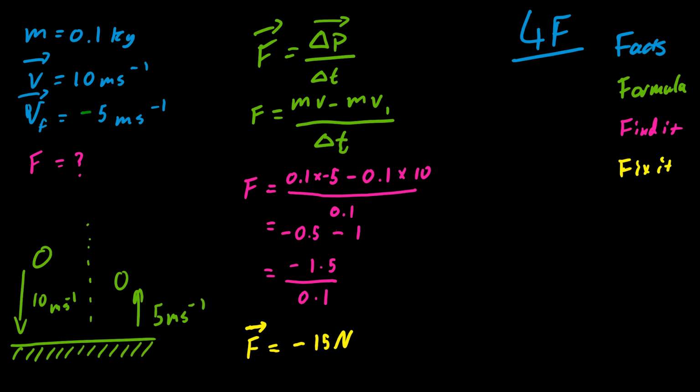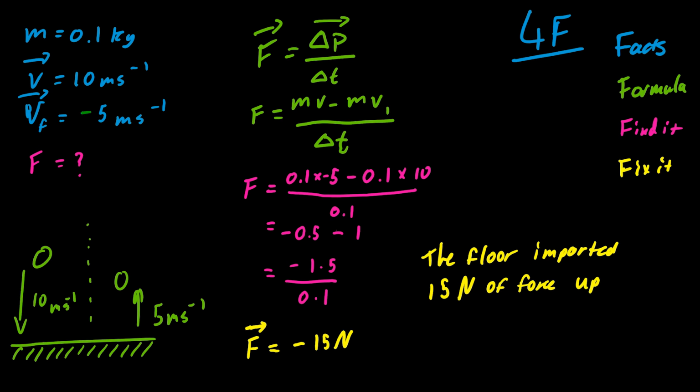And that could be rewritten as the wall, or the floor I should say, imparted 15 newtons of force up, which in brackets is against the direction of the ball.